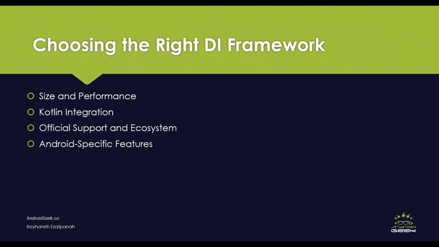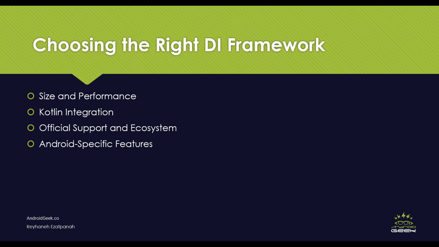And last word, both Koin and Hilt are powerful dependency injection frameworks for Android development. Evaluating your project's specific needs and considering factors like performance, Kotlin integration, and Android-specific features will help you determine which framework better aligns with your requirements.